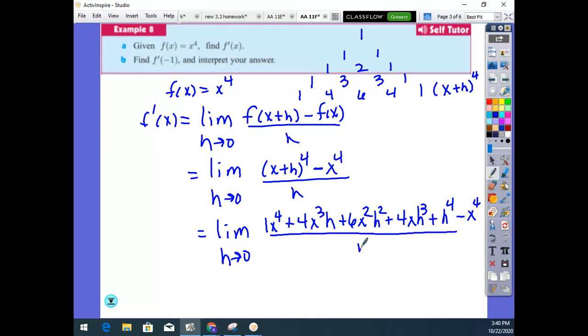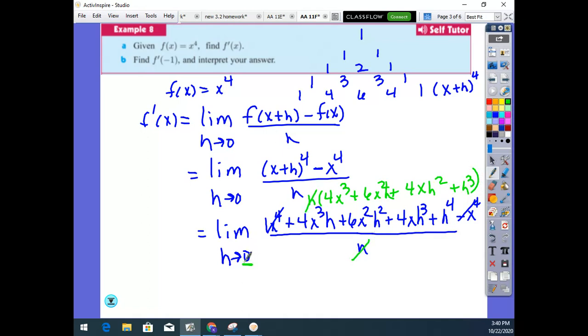Then I have to subtract x to the 4th all over h. The x to the 4ths cancel. All right, rather than rewriting all of that, I'm going to factor out my h right above here. Then I can cancel this h.